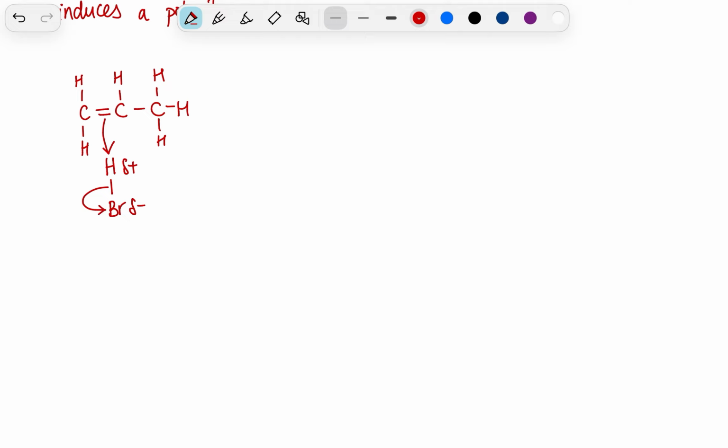So now you have two options for the intermediate. You could have the hydrogen going on this carbon. If I label the carbons 1, 2, and 3, you can have hydrogen going on carbon 1 or carbon 2. And this time each product does matter.